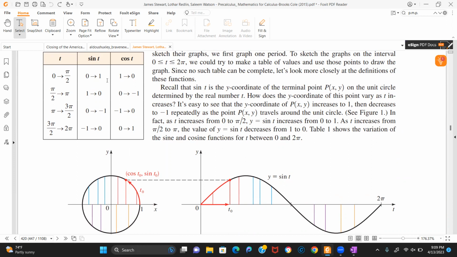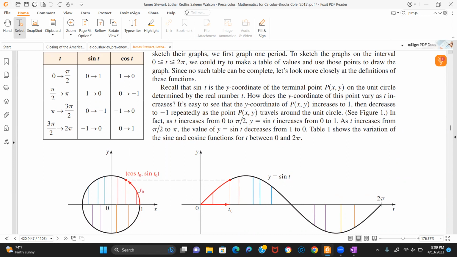Well, it's going to go from 0 to 1, right? When you vary from 0 to 2 pi, you start at the point 1, 0 and you rotate around to the point 0, 1 at the top here. And the y coordinate will basically be every number between 0 and 1.